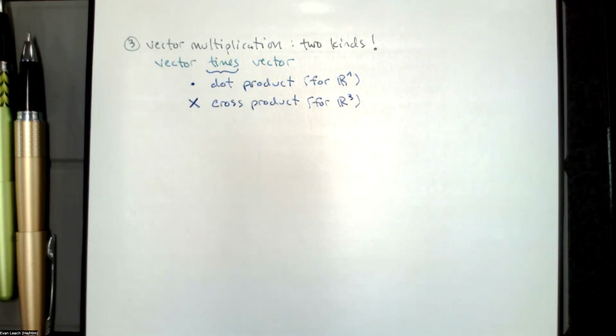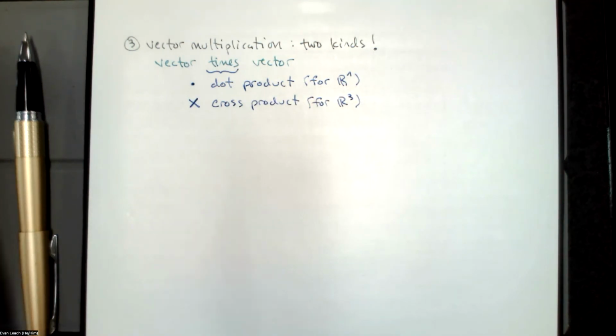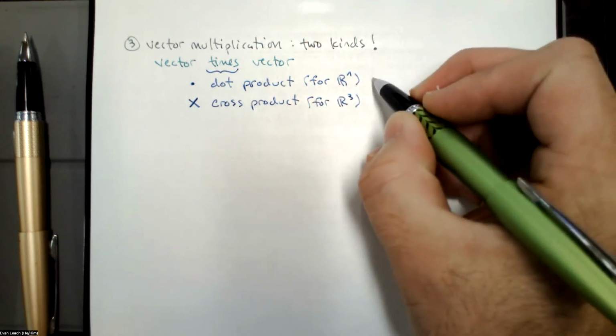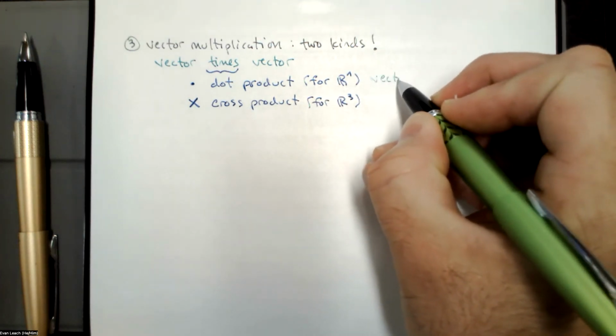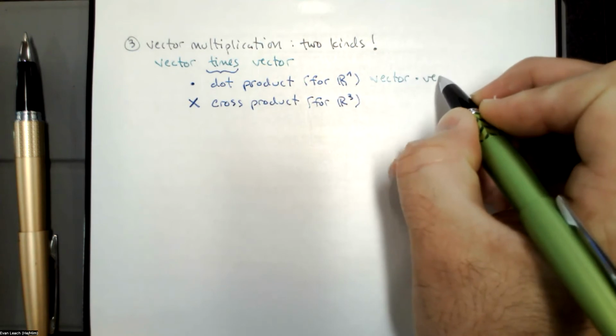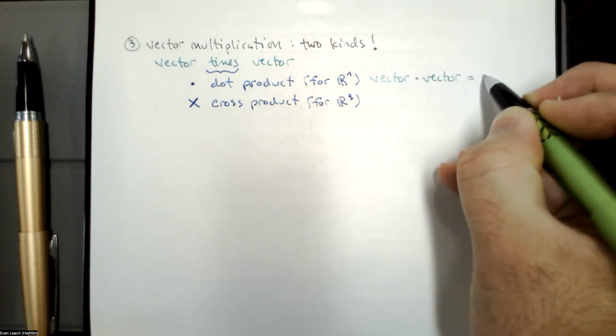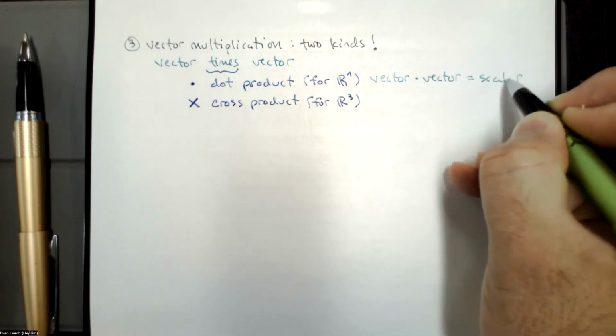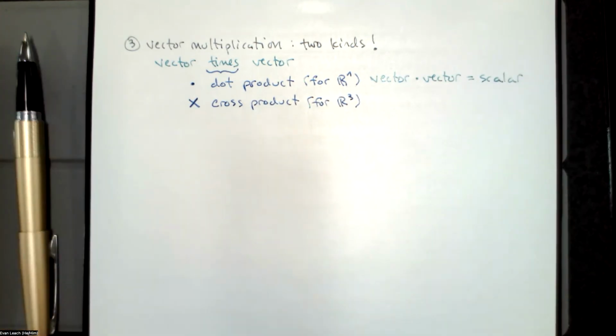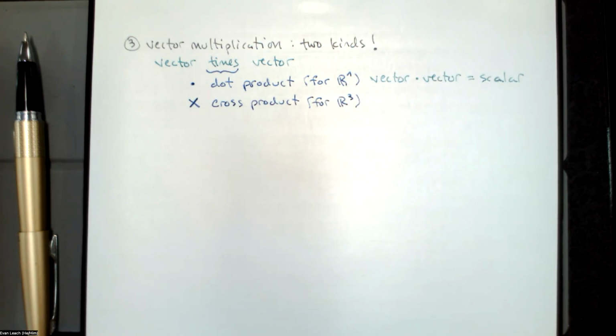The dot product is a scalar product. That means the vector dot vector will give us a scalar. Vector dot vector is scalar. The cross product is a vector product. Vector cross vector will give us a vector.